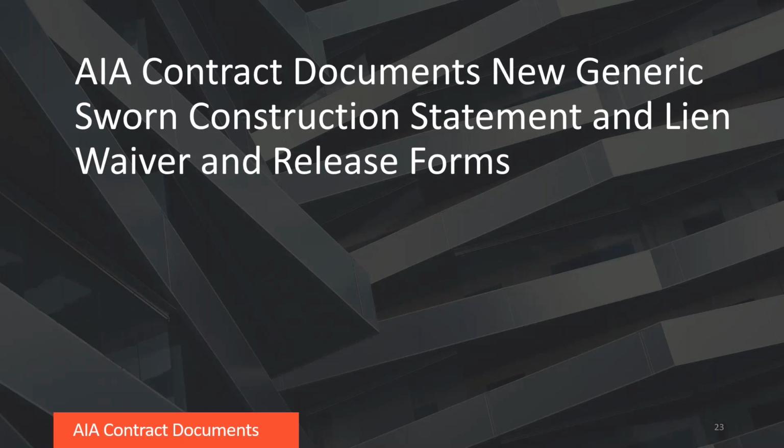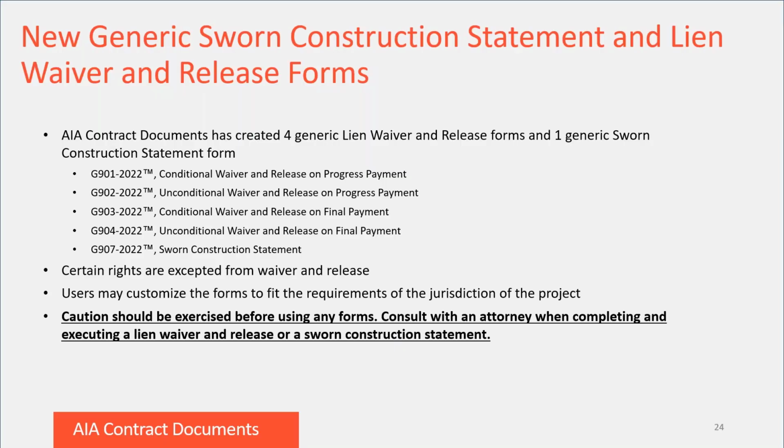Now we can get into the AIA Contract Documents new generic sworn construction statement and lien waiver and release forms. AIA Contract Documents is releasing 4 generic lien waiver and release forms and 1 generic sworn construction statement form. The lien waiver and release forms combine the variables I discussed earlier in this presentation, including conditional waiver and release on progress payment, unconditional waiver on progress payment, conditional release on final payment, and unconditional release on final payment.